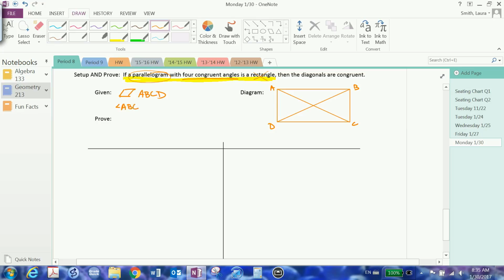All right, so given that we have parallelogram A, B, C, D with 4 congruent angles.